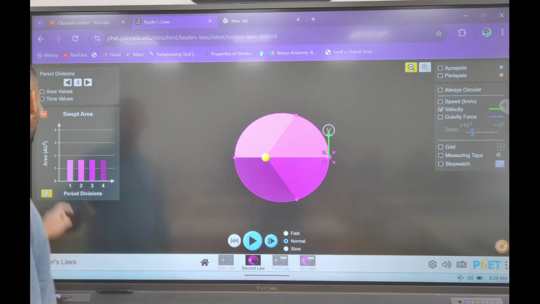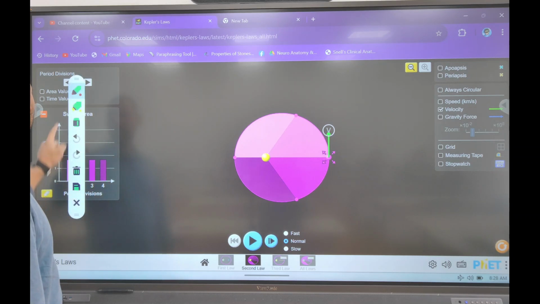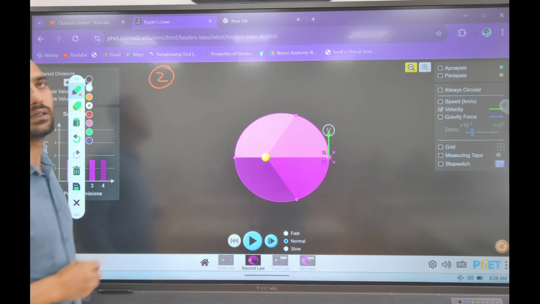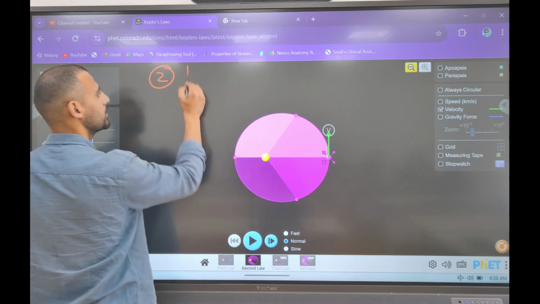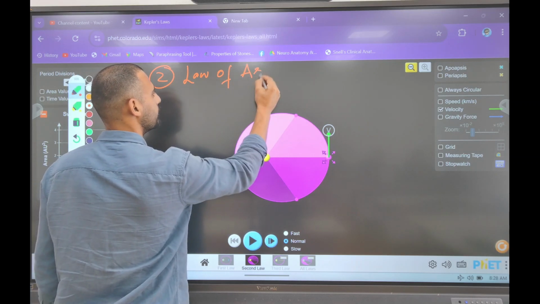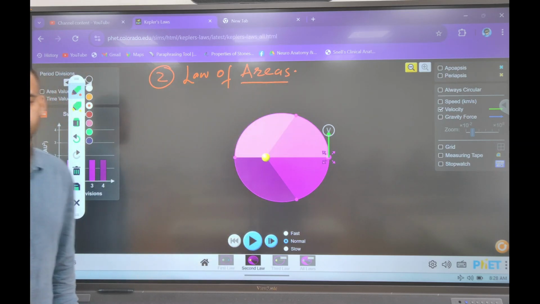Now the second law, first of all, let me write down the things about the second law. The second law given by Kepler, the observation that he made, is known as the law of areas.